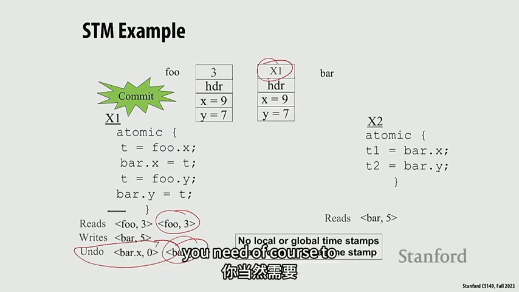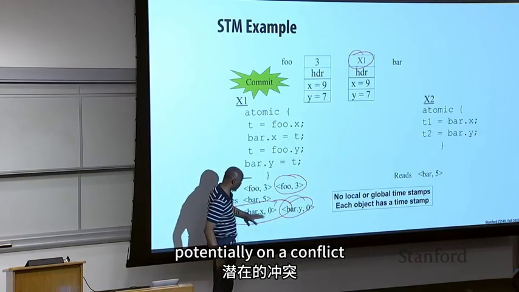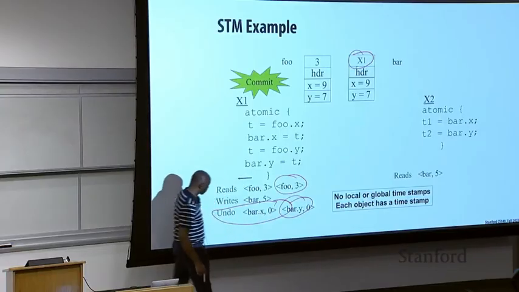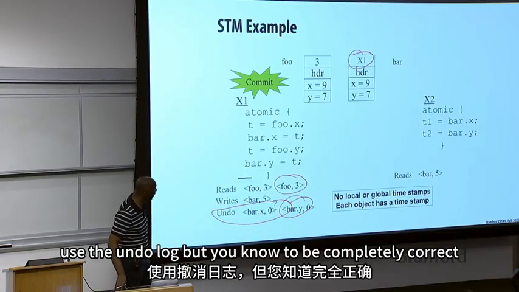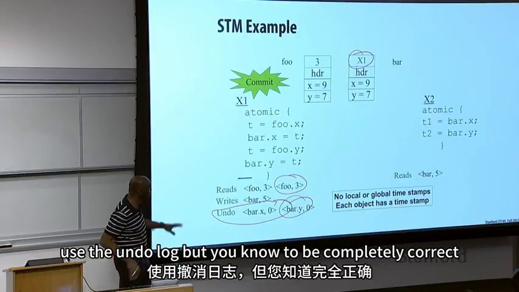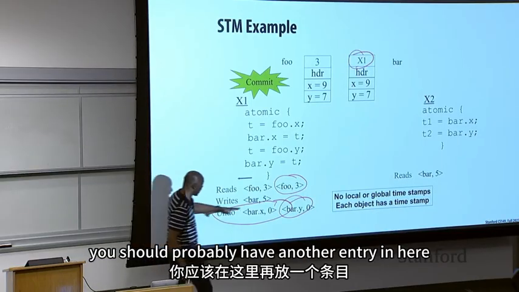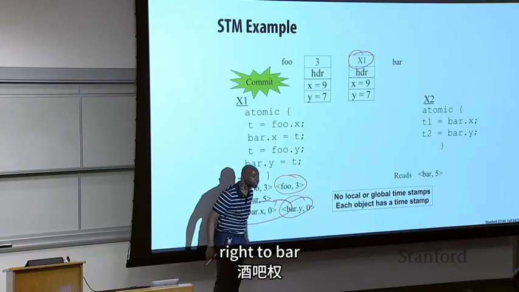You need, of course, to potentially on a conflict, use the undo log. But to be completely correct, you're right. You should probably have another entry in here for the other write to bar.